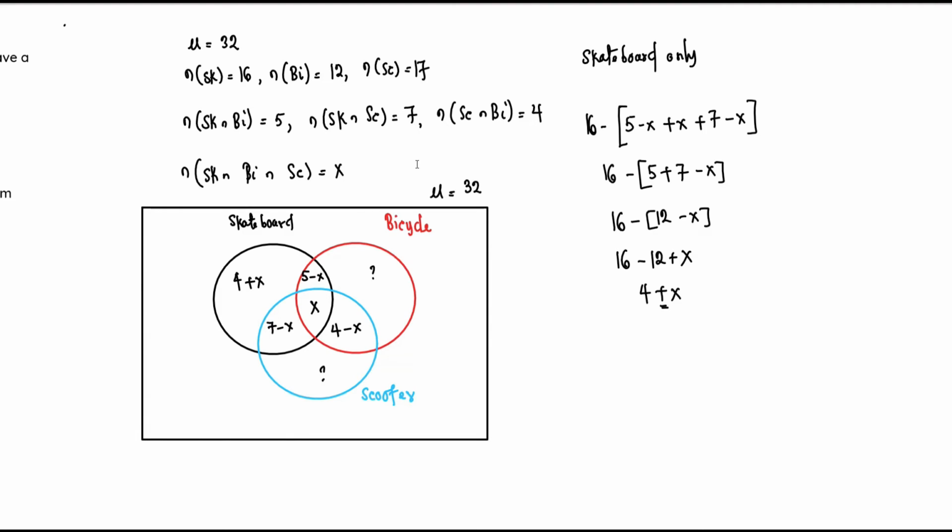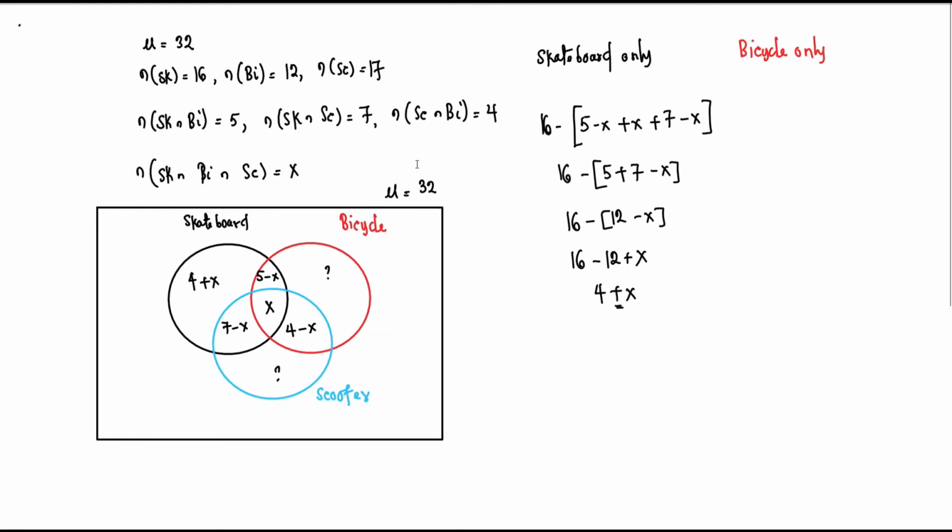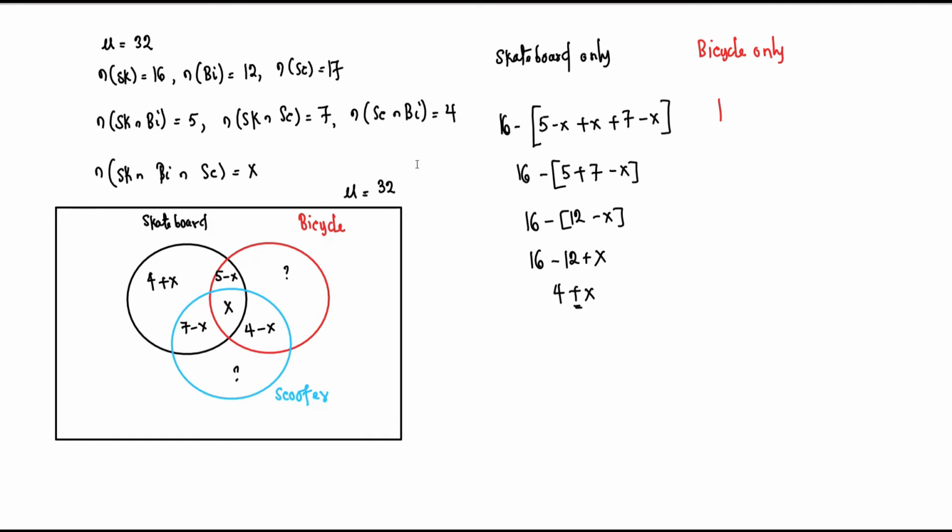So the next region is for us to get the number of students that own bicycle only. As you can see, the number of students that own bicycle is equal to 12. So the region of bicycle only is going to be equal to 12 minus the bracket 5 minus x plus 4 minus x.